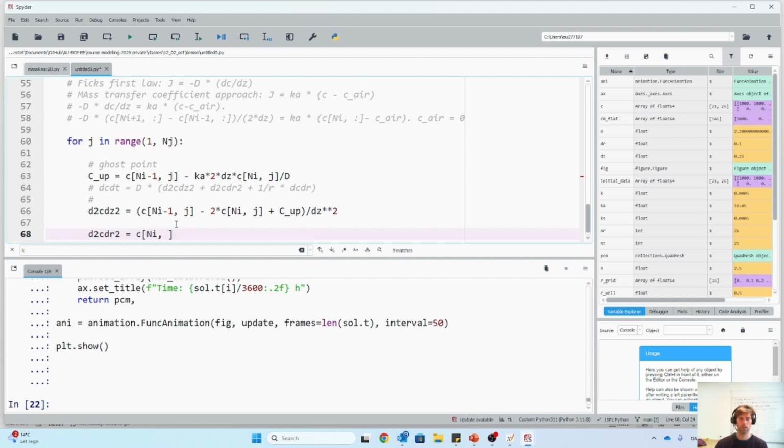Here we will have the discretization across j instead. So it will be j minus 1. And divided by dr squared.